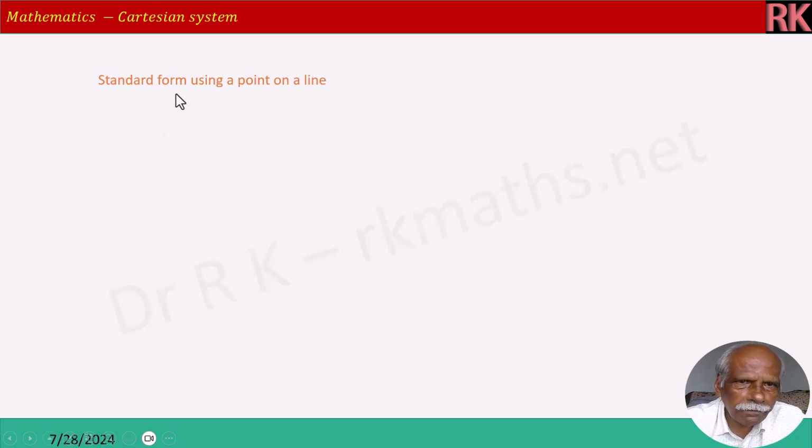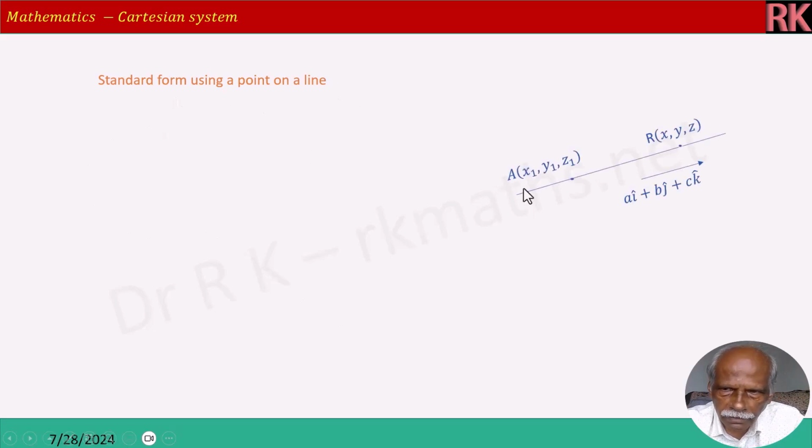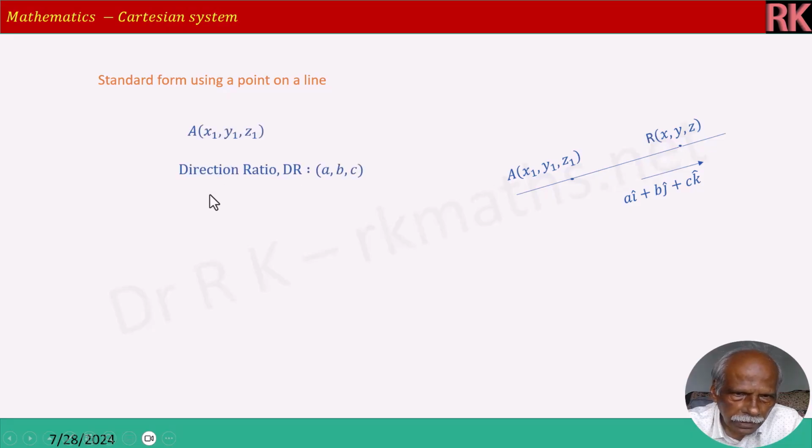We'll get a standard form using a point on a line. This is a line, this is a point, and the direction is given by ai + bj + ck. These are called the direction ratios, and the point is x1, y1, z1. We want to find the locus of all the points on the line, that is x, y, z. We get (x − x1)/a = (y − y1)/b = (z − z1)/c = lambda, a constant.